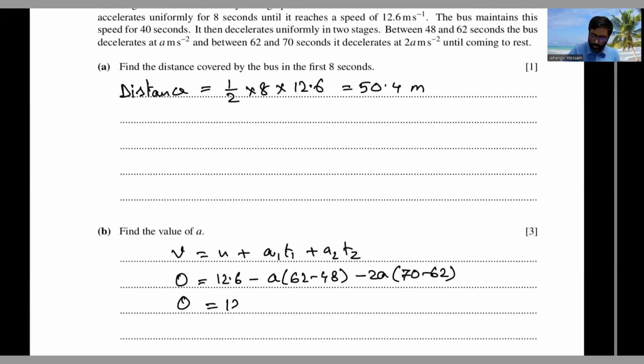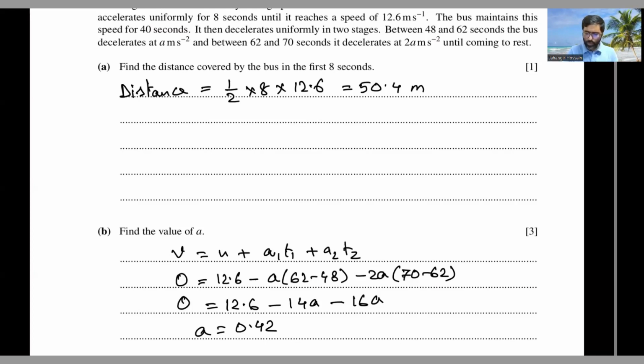So 0 equals 12.6 minus 14a minus 16a. So a is equal to 12.6 divided by 30, that's 0.42.